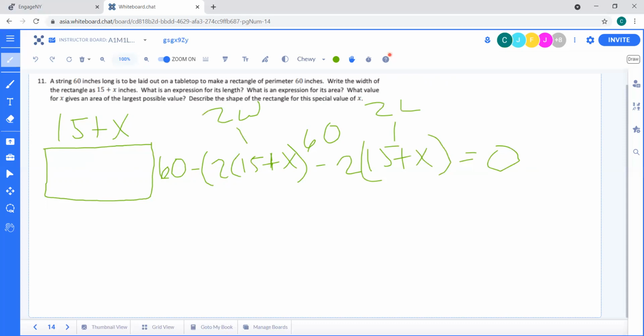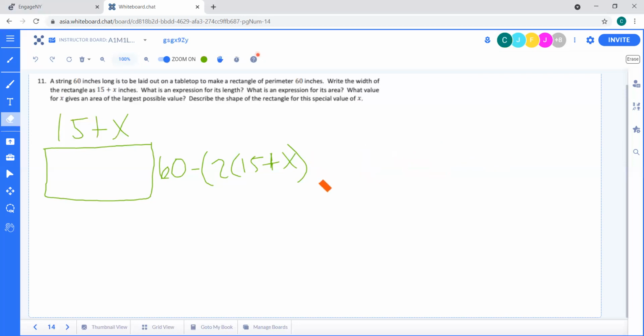That is not correct. Hold on one second. Gotta make sure I got all my terms here. I need to do this right here first. Okay. So our width is 15 plus x. Our length right here would be 60 minus 2 of those.